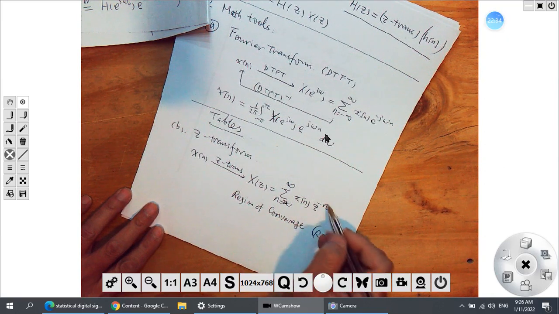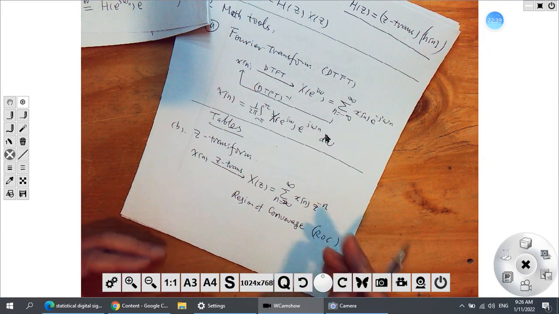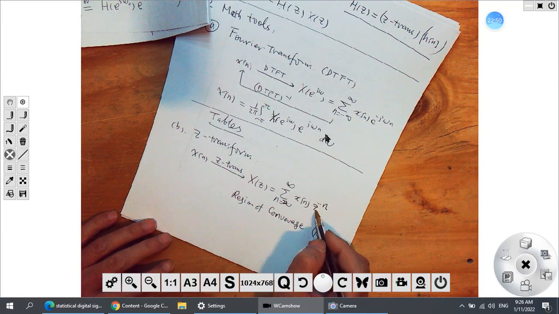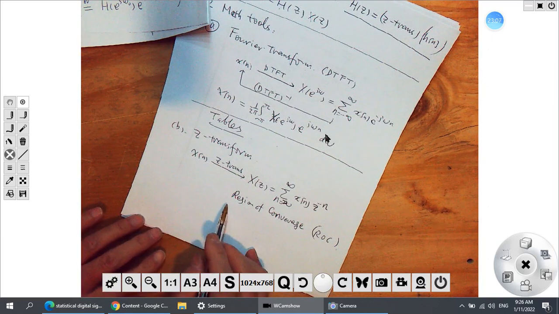If these terms have some value larger than 1, then the summation cannot give a finite number, right? It goes to infinity, or to some strange places. You cannot have a fixed number. So we have a range on Z. Only when Z is located inside this ROC will this infinite summation give you a finite value. This is the Z transform.